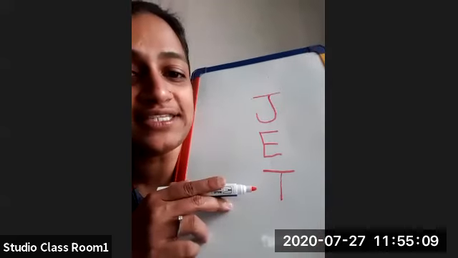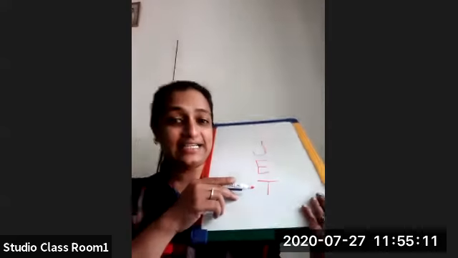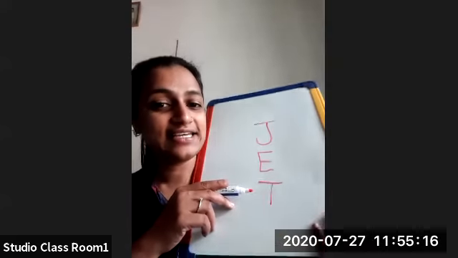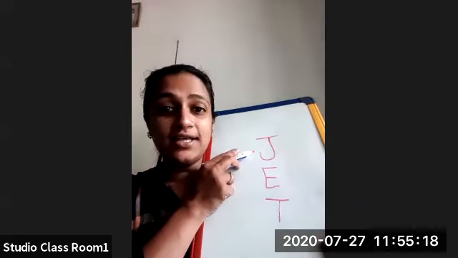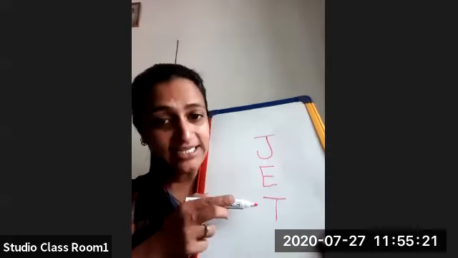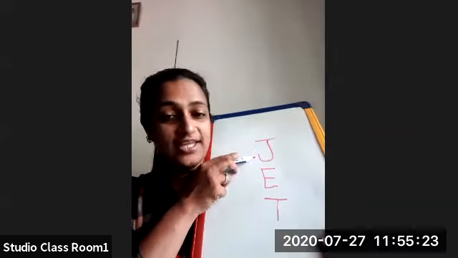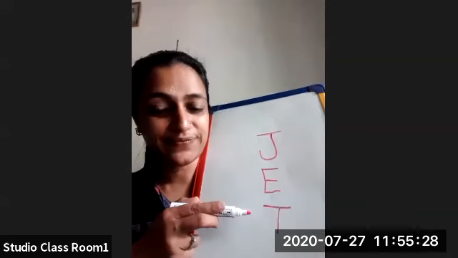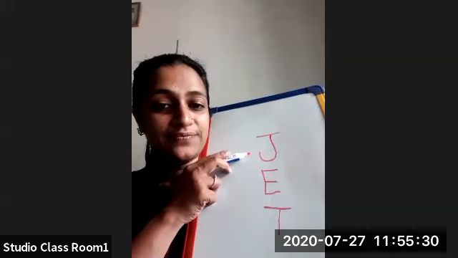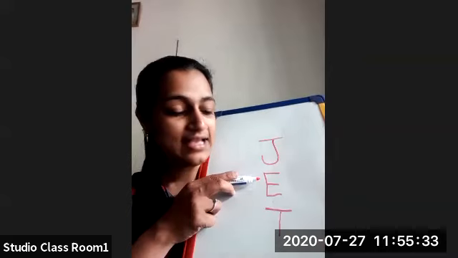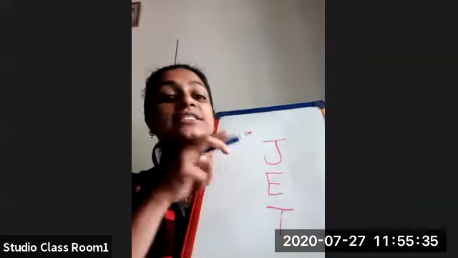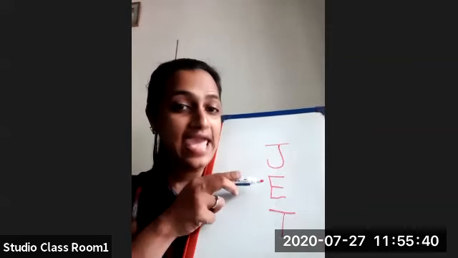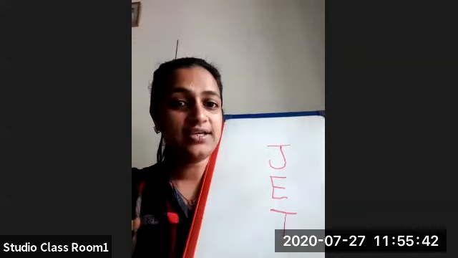T. So we have J, A, T, jet. J, A, T, jet.